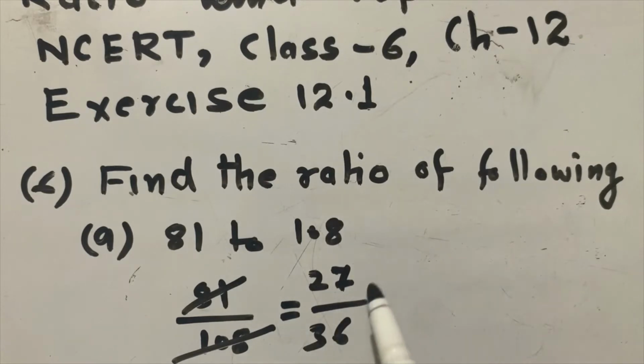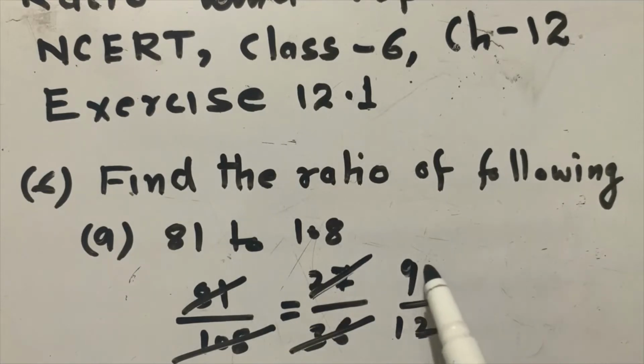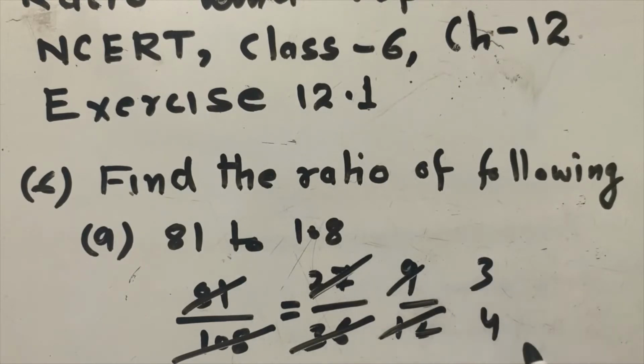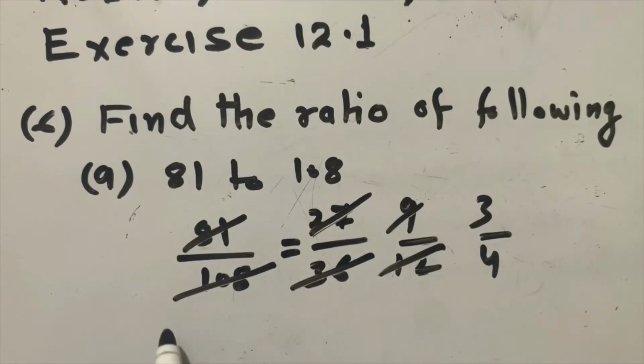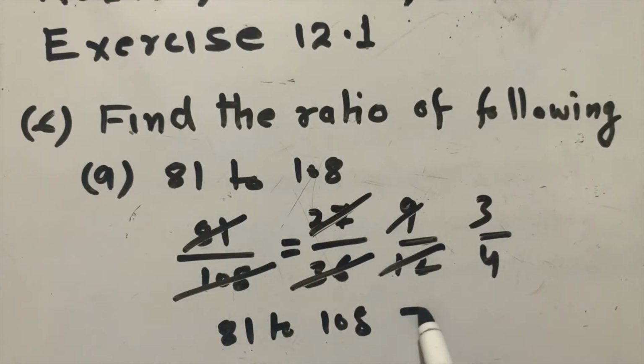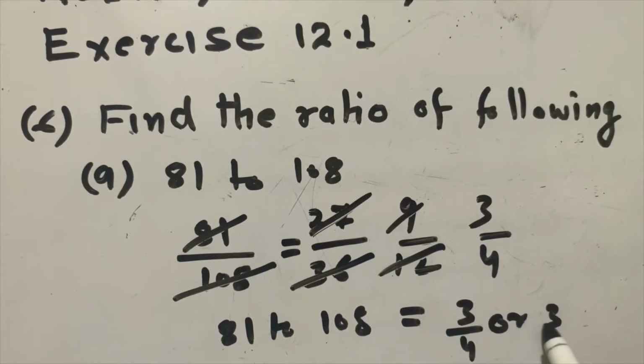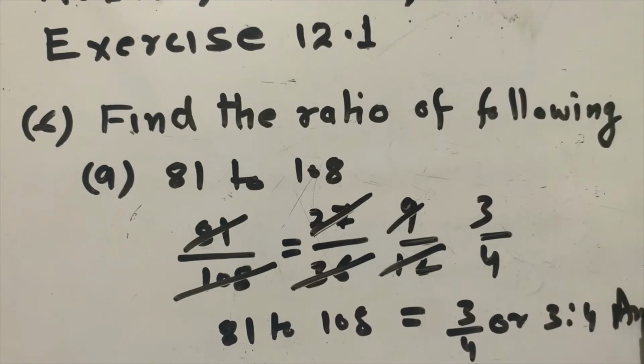After simplification, if we further read the table of 3, we get 3 9s are 27, 3 1s are 3, 3 2s are 6, 3 3s are 9, 3 4s are 12. We got the result: the ratio 81 to 108 is 3:4. It is the answer.